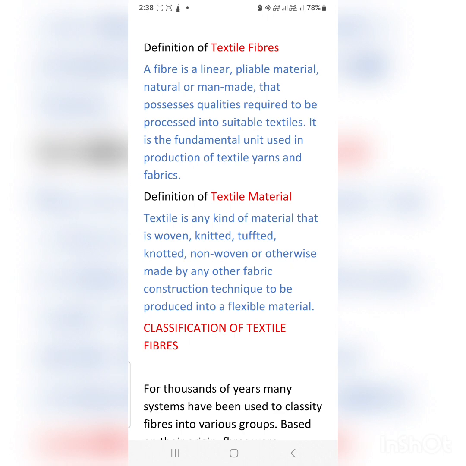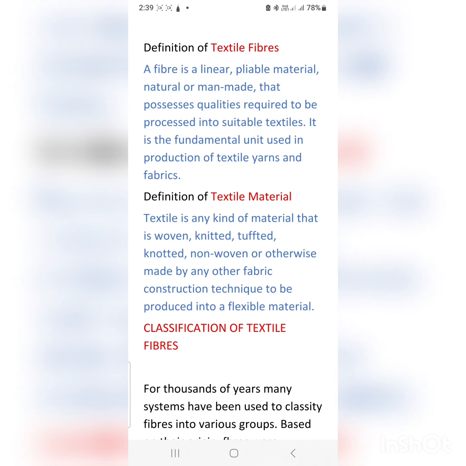Next in this sequence, the next definition we have is textile material. The definition says textile is any kind of material that is woven, knitted, tufted, knotted, non-woven, or otherwise made by any other fabric construction technique to be produced into a flexible material.